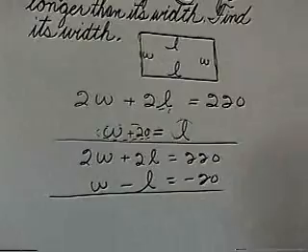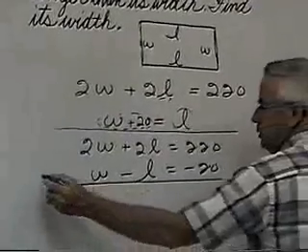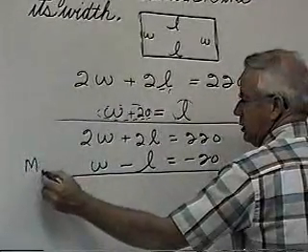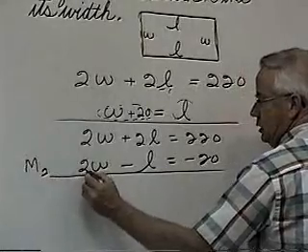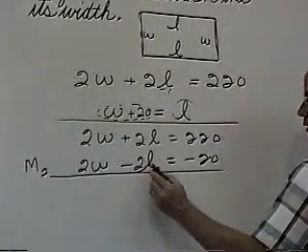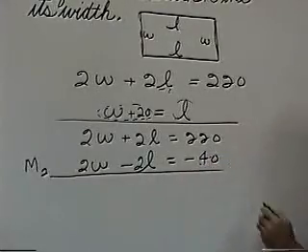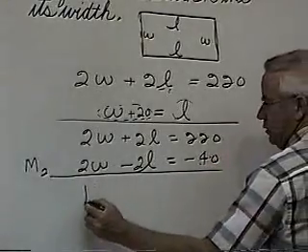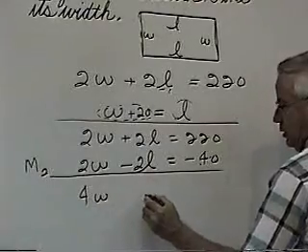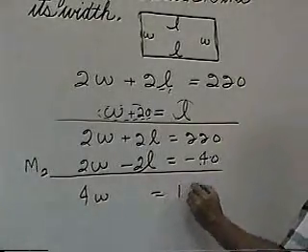We have two equations, so we need to do what? Multiply this equation by 2. So it'll give us 2W, 2L, and 2 times this would be a minus 40. Now adding those, we get 4W. Over here we get 180.